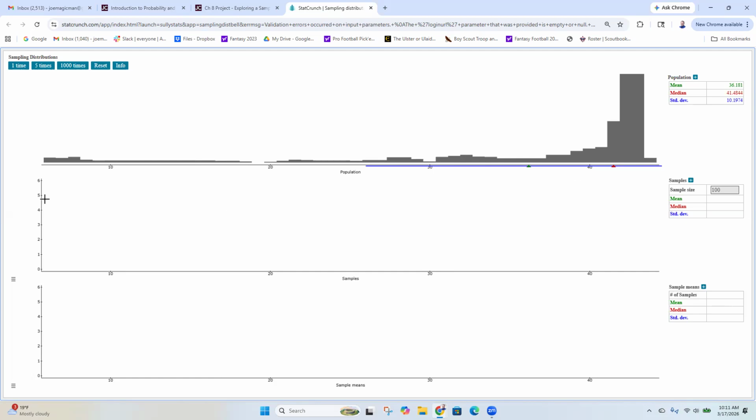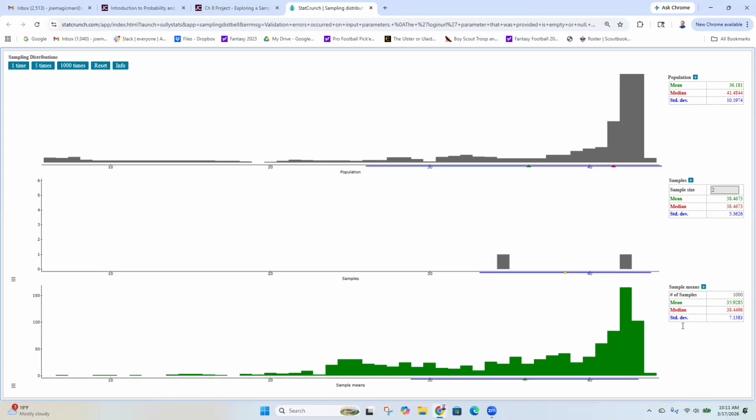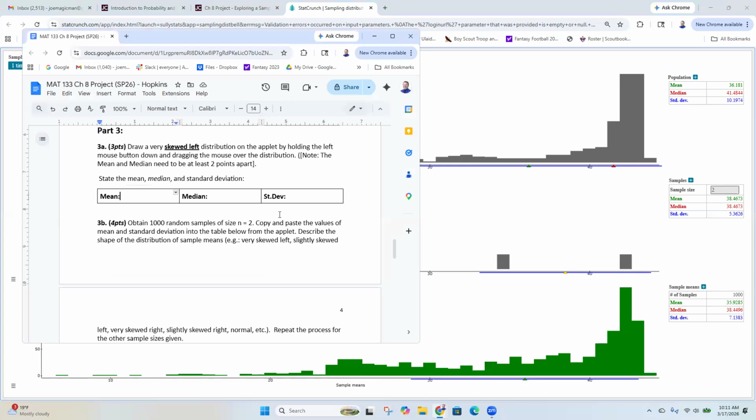Okay, so let's reset our sample size back to 2 and run that 1,000 times. And oh wait, I forgot to put in my mean and my median, right? So mean of the population was 36.18.